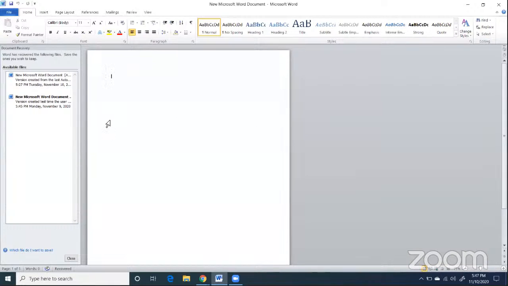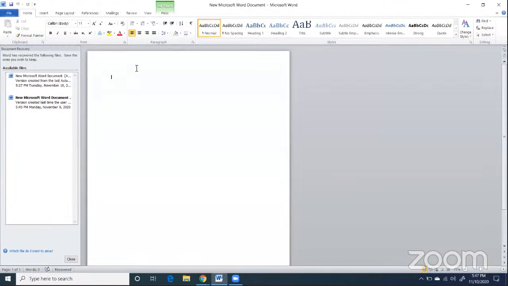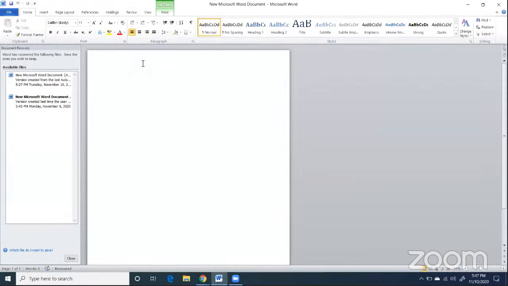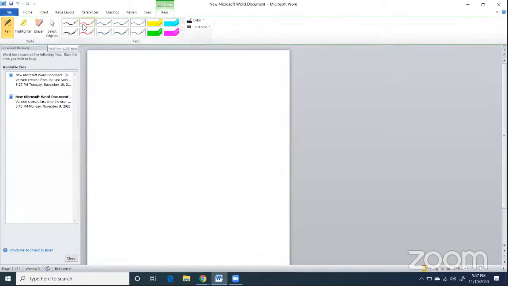Yes guys, we are discussing UJT, the unijunction transistor. It is a unipolar device, and the special property of UJT is the negative resistance property.